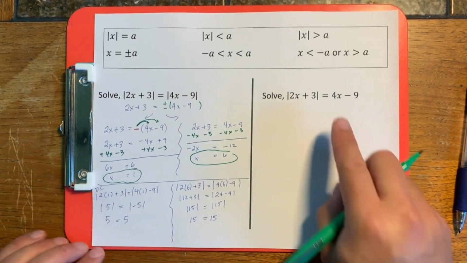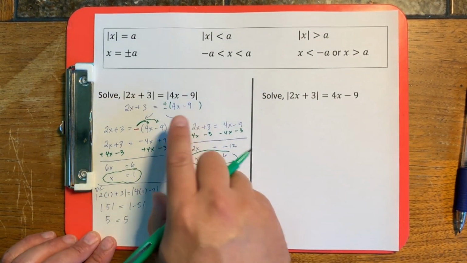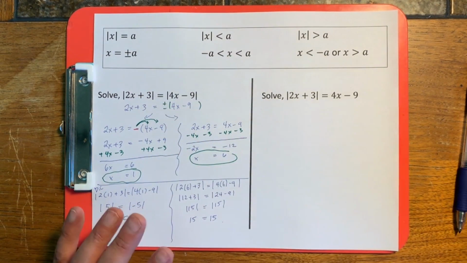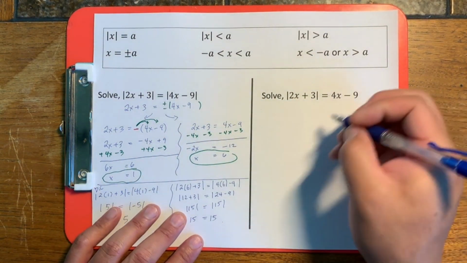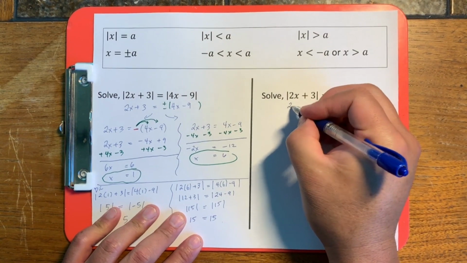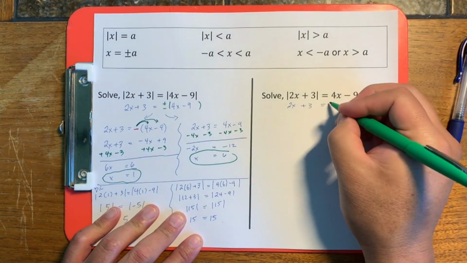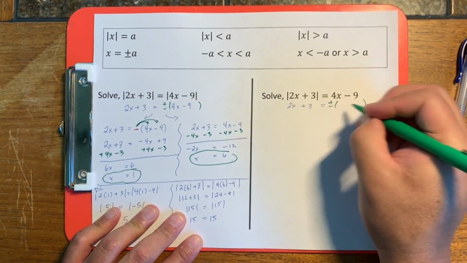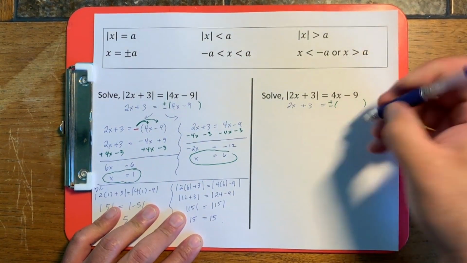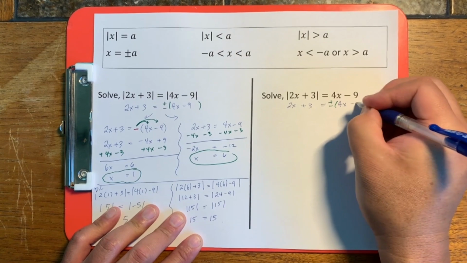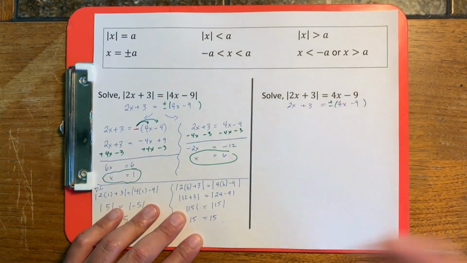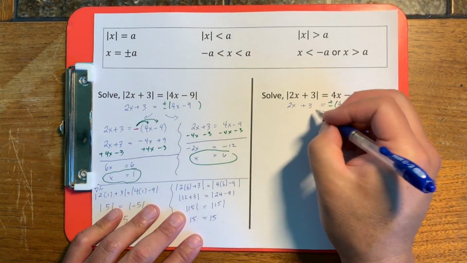Now, let's see how this problem is different from this problem. So we're going to do the same thing. We're going to get rid of the absolute value by putting a plus or minus on this right side. And then this will turn into the same two equations.